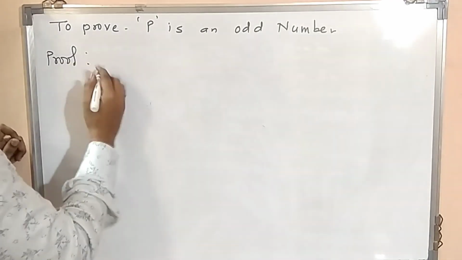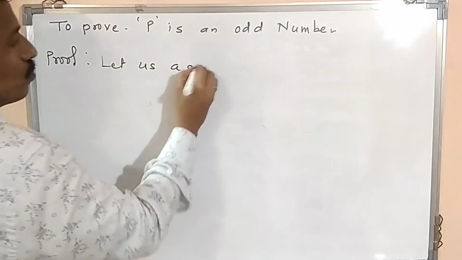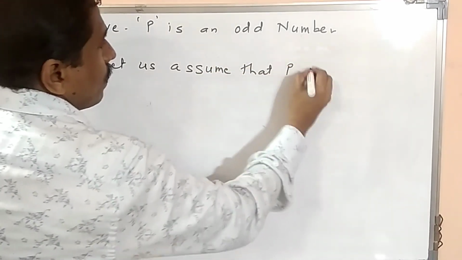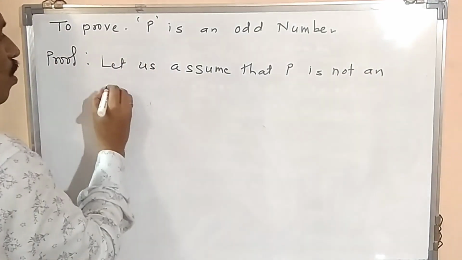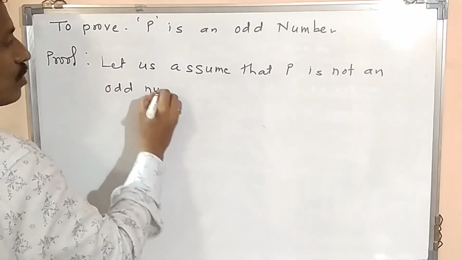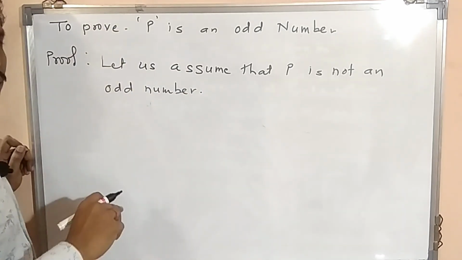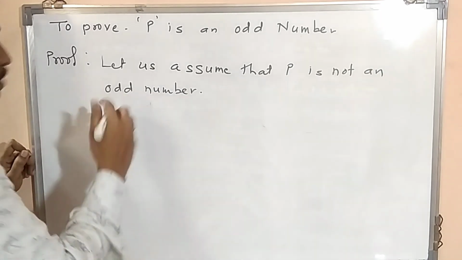Let us assume that P is not an odd number. This is our assumption. If it is not an odd number, definitely it is an even number.